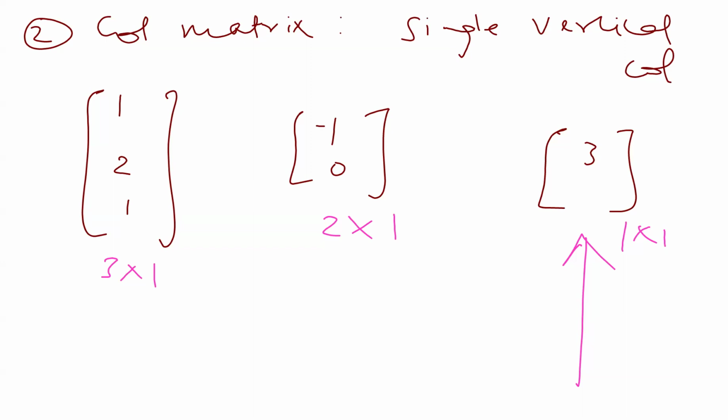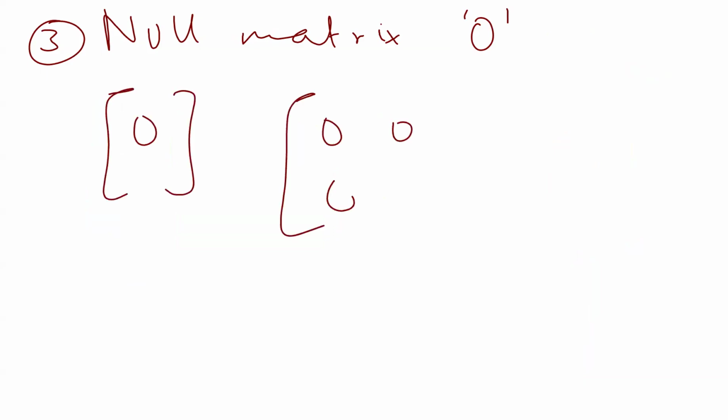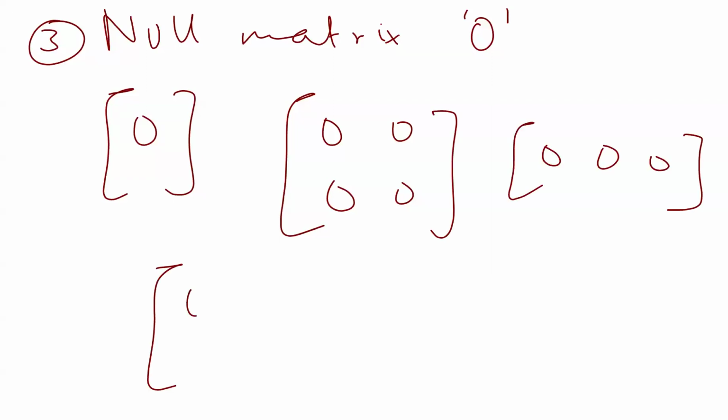Now we'll proceed with a null matrix. It is capital O or zero also. The order can be anything, but not even a single object will be non-zero.